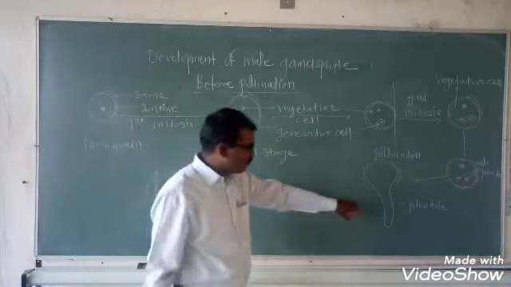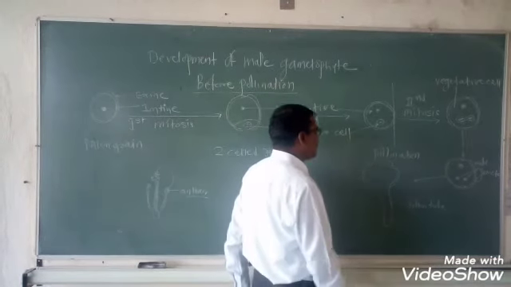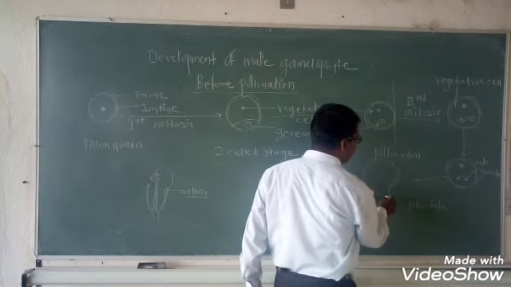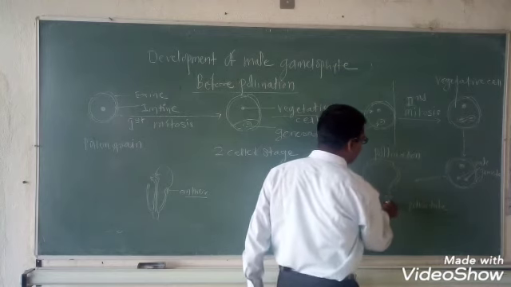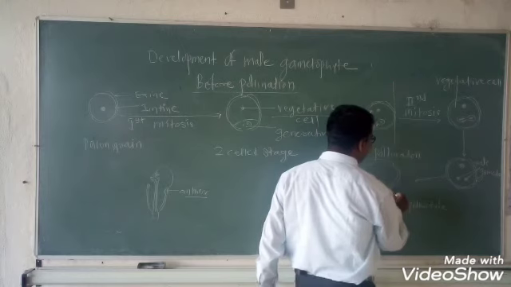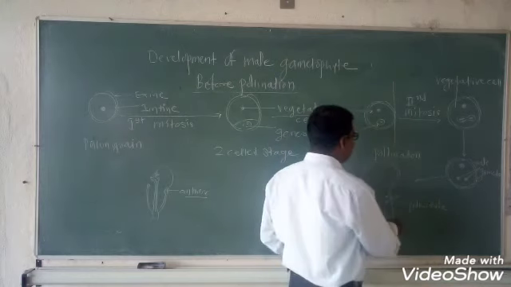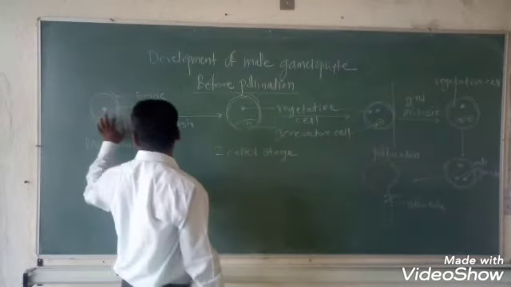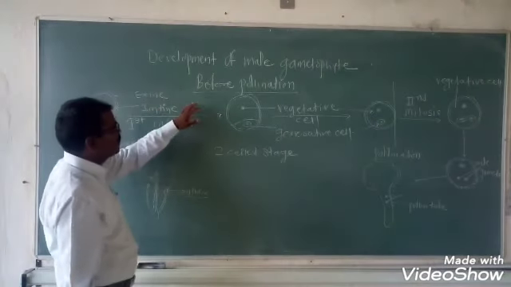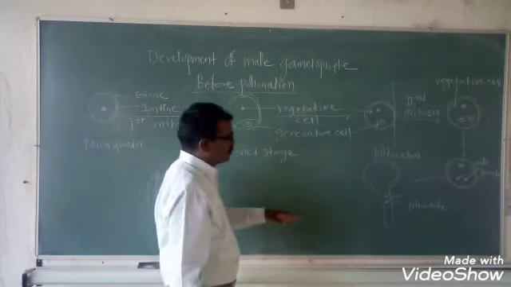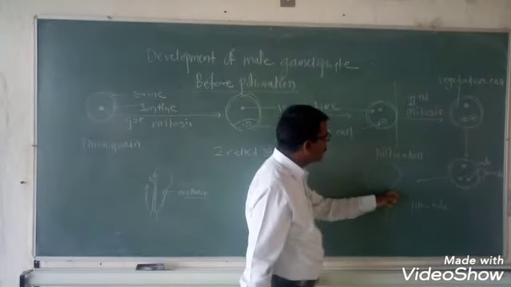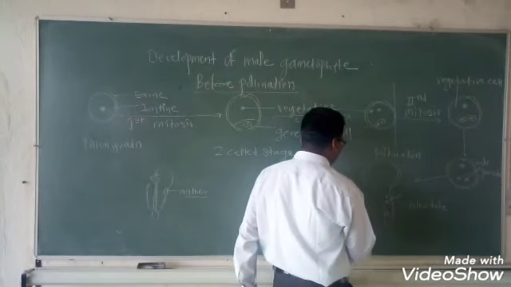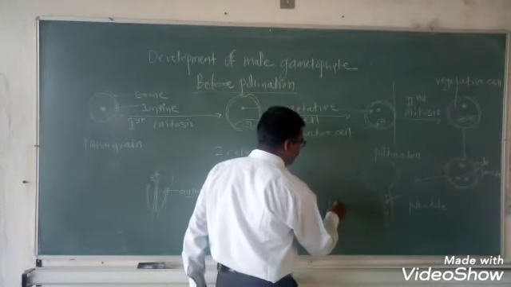This is the pollen tube. Inside the pollen tube there are 3 nuclei. These are the 2 male gametes. Along with the 2 male gametes, the pollen tube grows outside through the germ pore, along with cytoplasm.